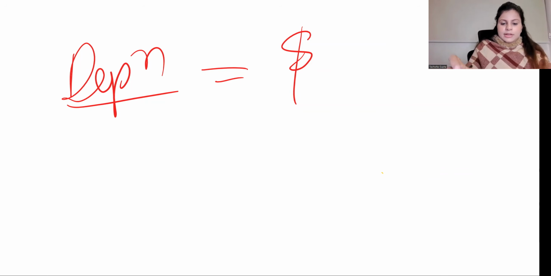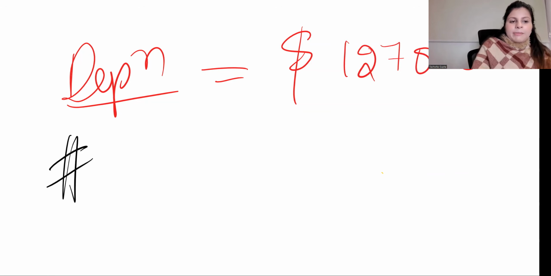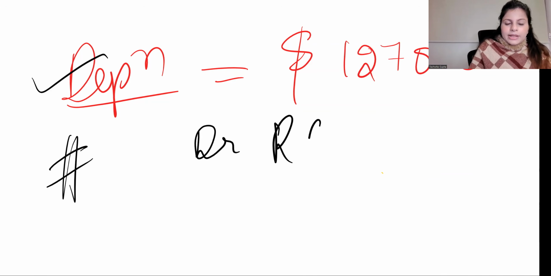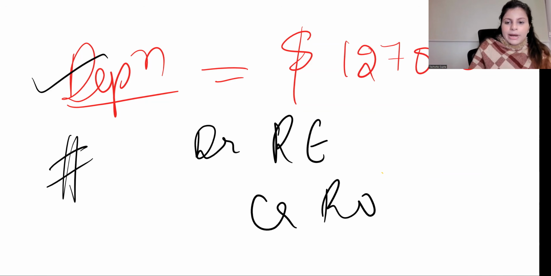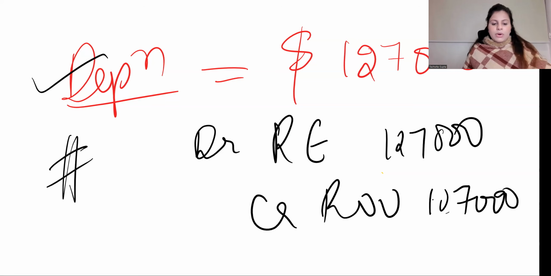It is 1,27,000. Very good. So 1,27,000 is my depreciation. So what's my journal entry? This will again impact my GRE. So I will say debit my retained earnings, credit my ROU by 1,27,000. Right?